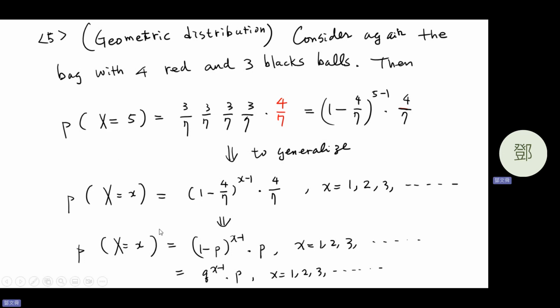And let me prove that for any value of p between 0 and 1, the total probability is 1.